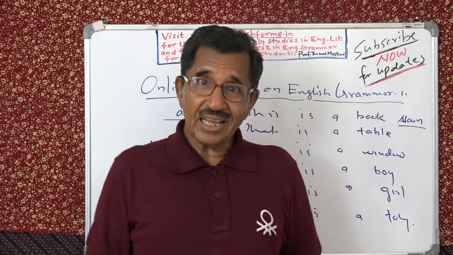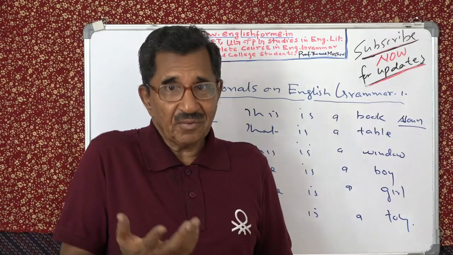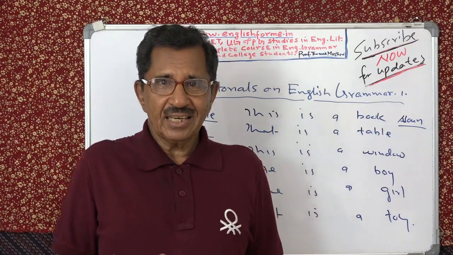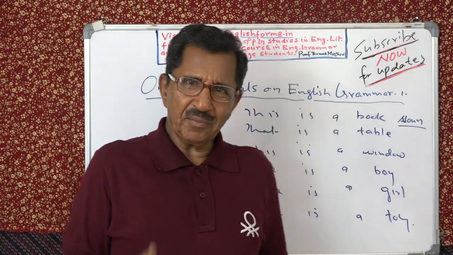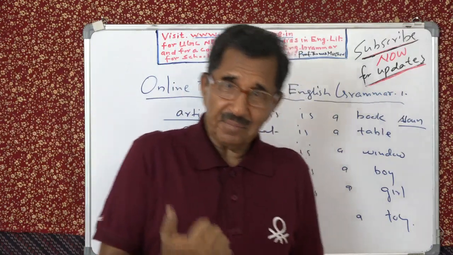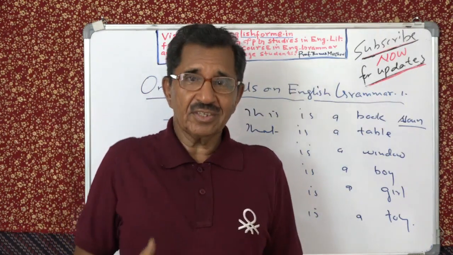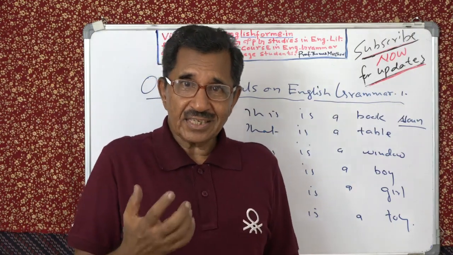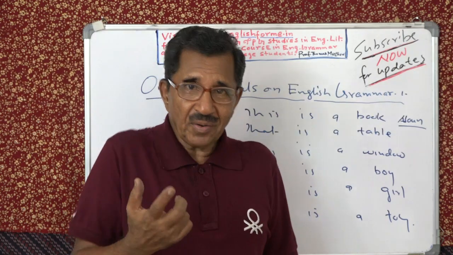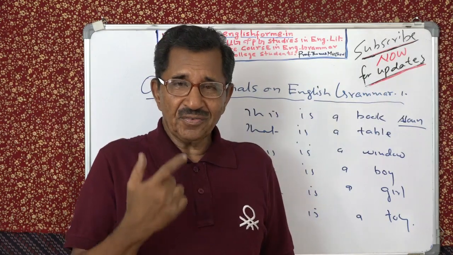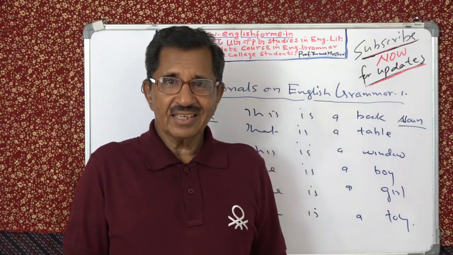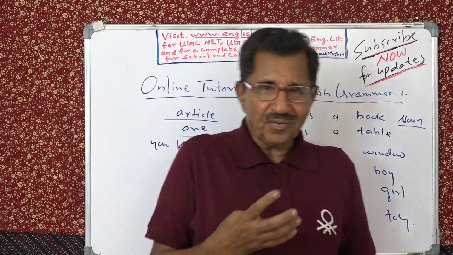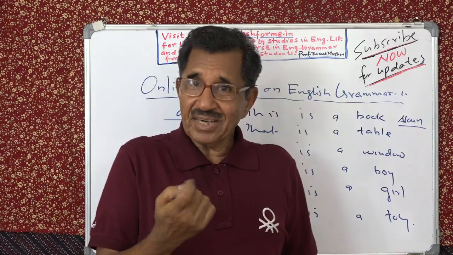Noun means a name of a thing, name of a person, name of a country. Name of a game, name of a language, name of a river, name of a tree, name of a mountain, name of animals, bird, name of days, Monday, Sunday.